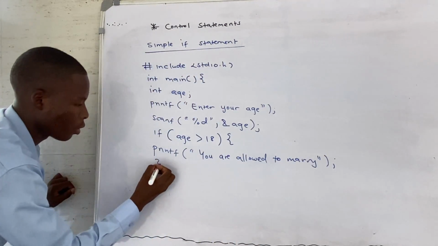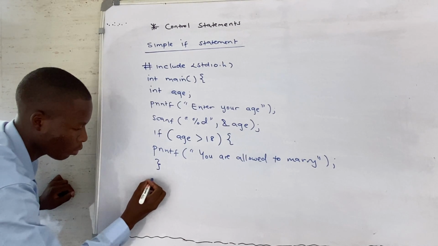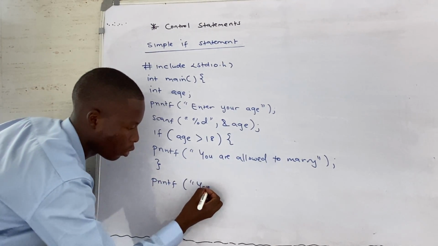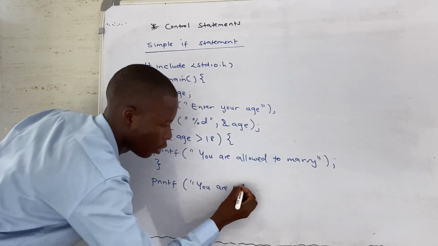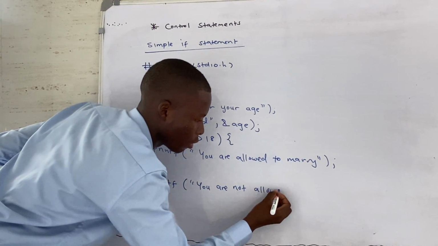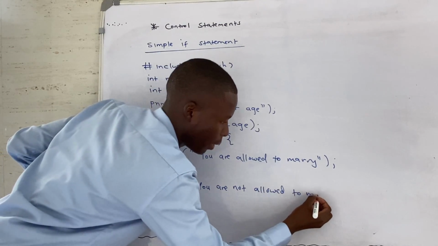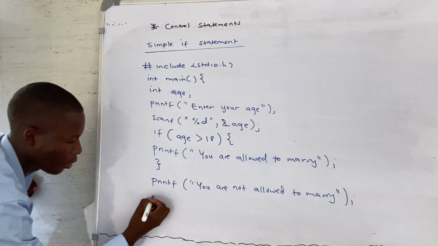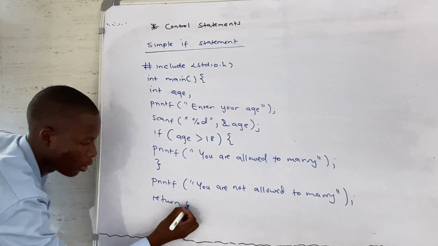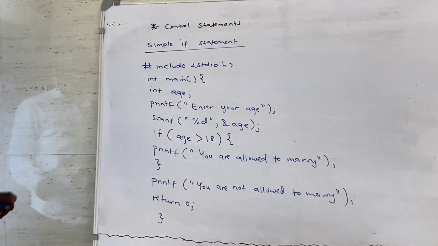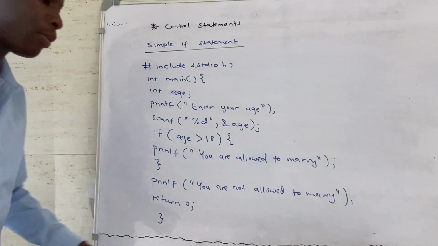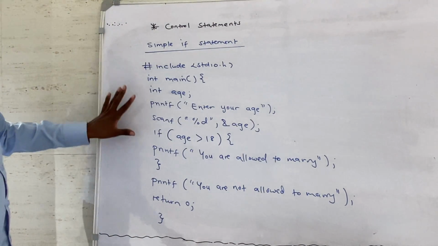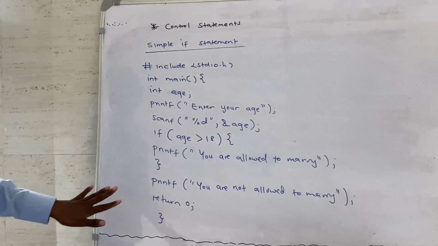Then printf("You are not allowed to marry"). Return 0. So this is the program. I have this program with me. I'm using the simple if statement.